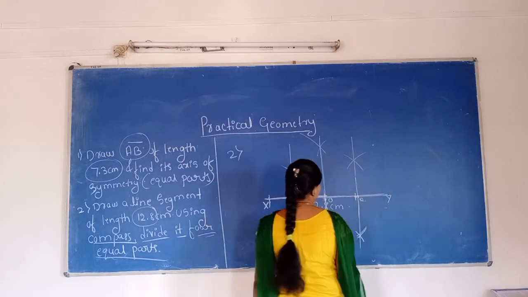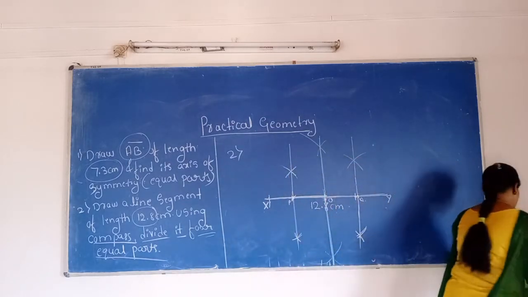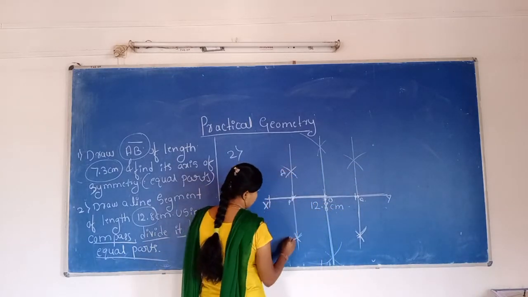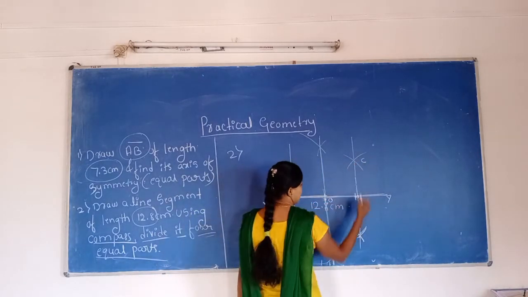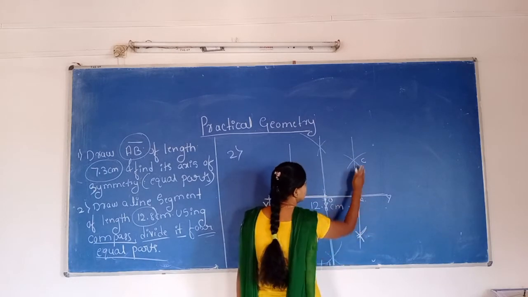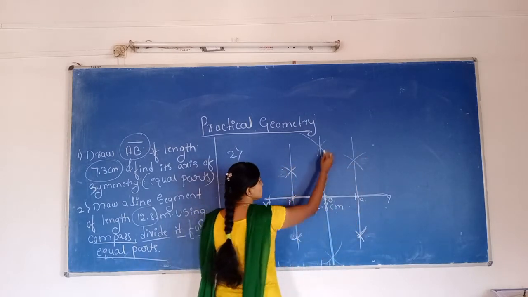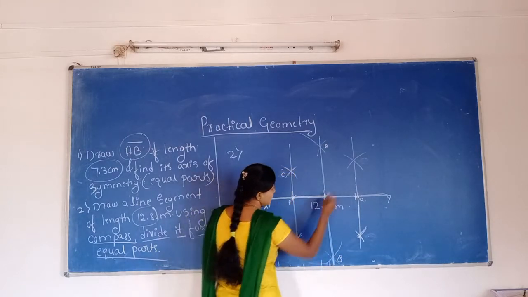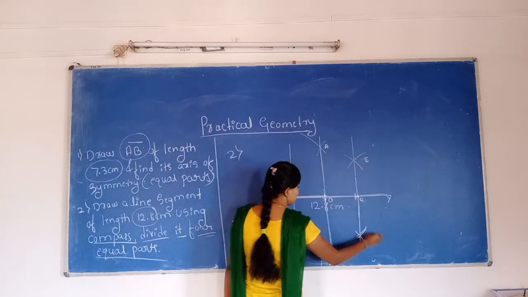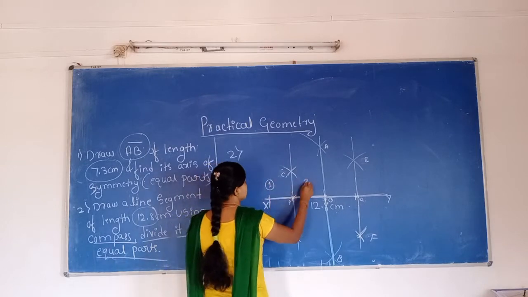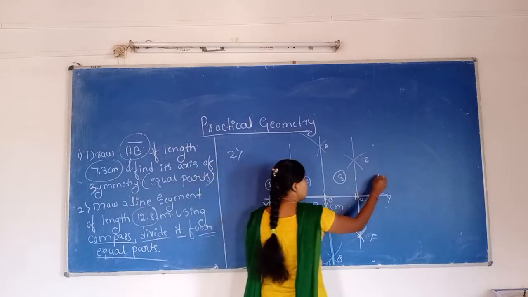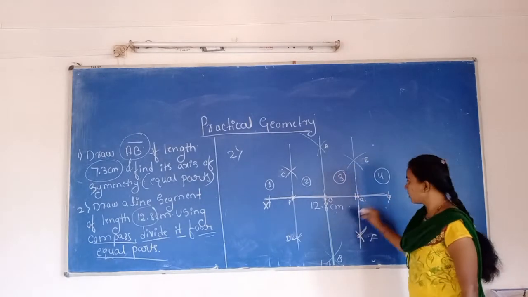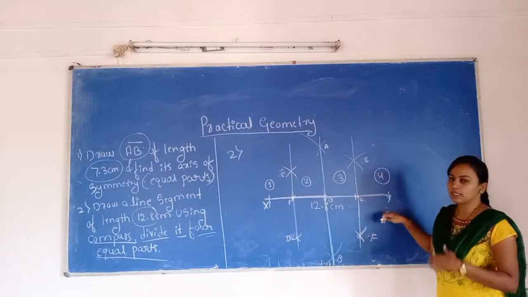This one is Q and you can name them A, B, C, D or wait. This one is A, this is B, this one is C, D, E and F. So this is your first part, second part, third part and fourth part: 4 equal parts in the 12.8 centimeters.